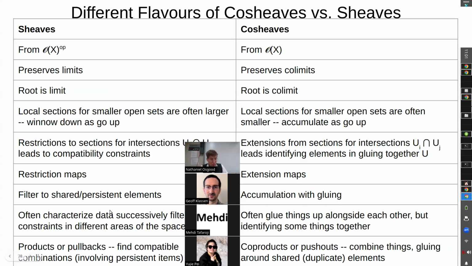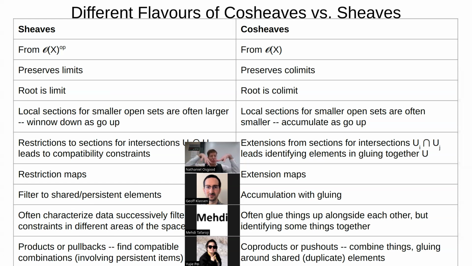So here we are characterizing data that as we go up is successfully filtered by constraints in different areas of the space to be more and more pinned down, more and more specific, more and more restricted in its possibilities, more and more particular to the case. Whereas here we glue things alongside each other but identify them.